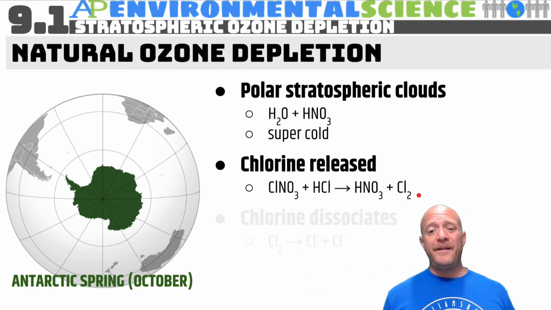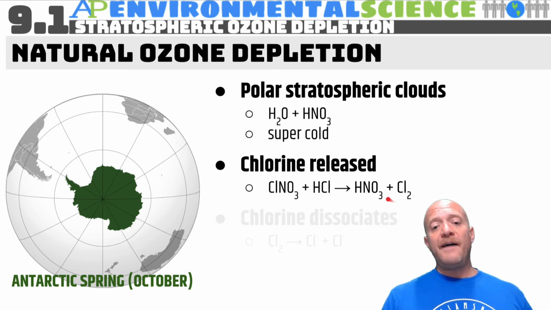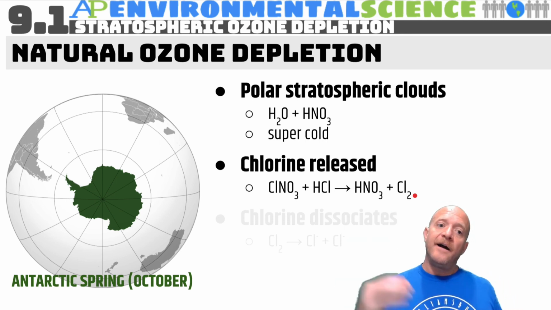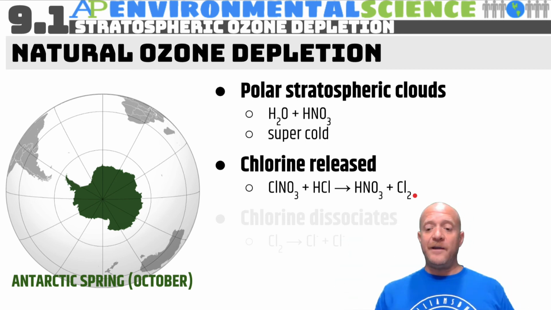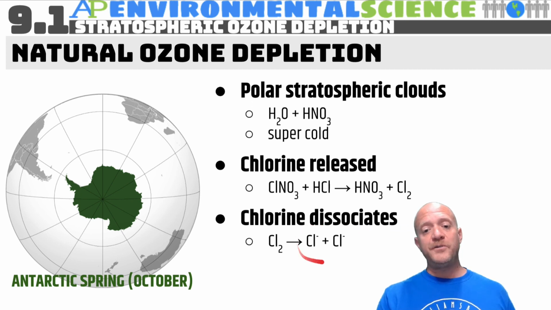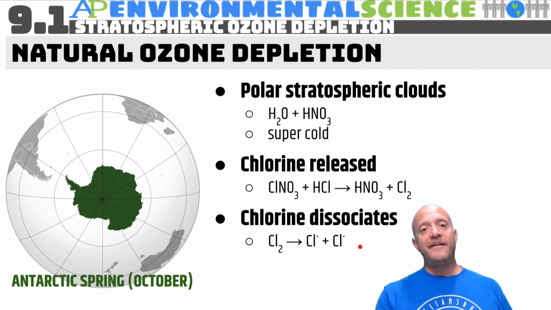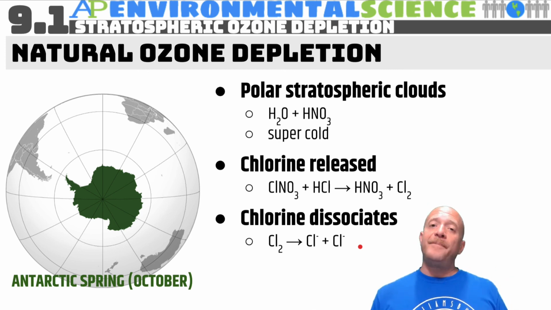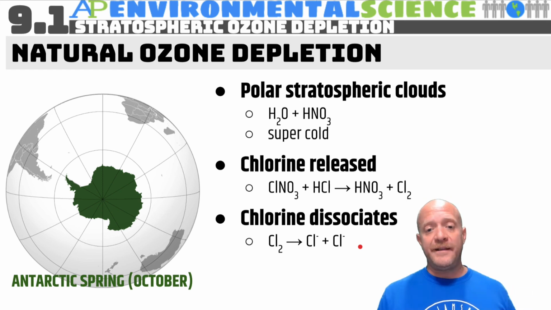I'm just explaining what's happening. And when you have this chlorine that is up in the atmosphere, it will get hit by the UV rays and it will dissociate. And once you have this Cl, you can go and break apart the ozone molecules like I showed you in the other slides. So basically what happens is you have chlorine that gets naturally released.